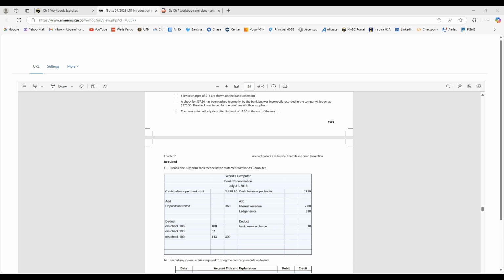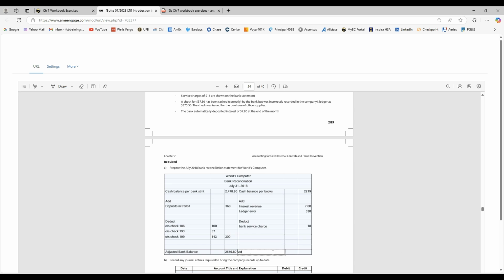Okay, so let's do all of our math here. Adding in 368 minus 300 to the bank side leaves us with 254. Let's say adjusted bank balance, and I got 254,680.